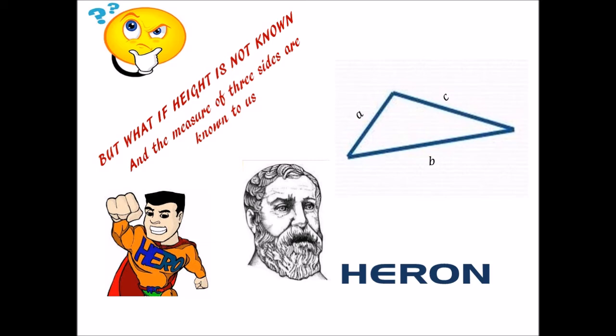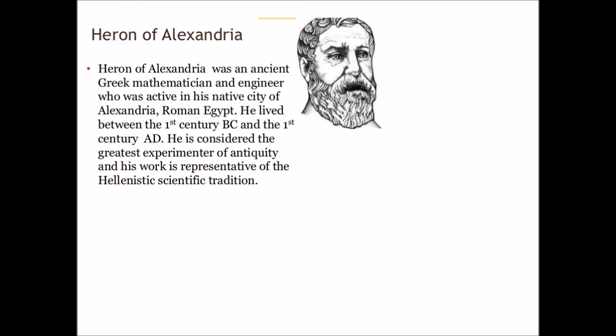Heron of Alexandria was an ancient Greek mathematician and engineer who was active in his native city of Alexandria, Roman Egypt. He lived between the 1st century BC and the 1st century AD and is considered the greatest experimenter of antiquity, and his work is representative of the Hellenistic scientific tradition.